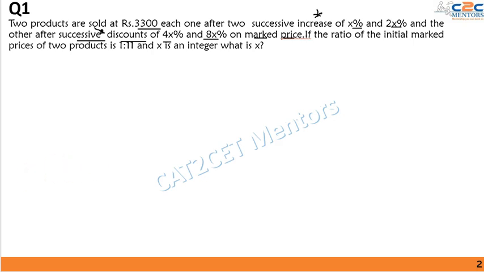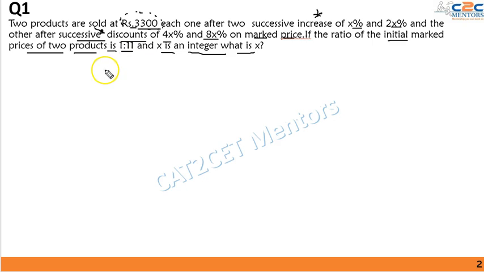Moving on, we are provided with another piece of information: the ratio of the initial mark prices of the two products is 1:11 and X is an integer. What is X? Now we are given that both of them are sold at 3300, but we are not told that the cost price of both of them is equal.